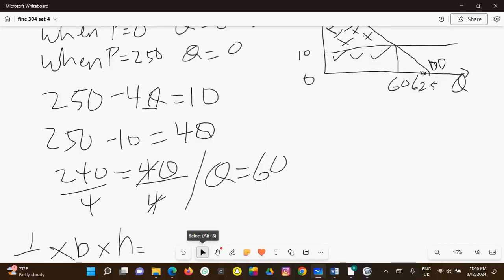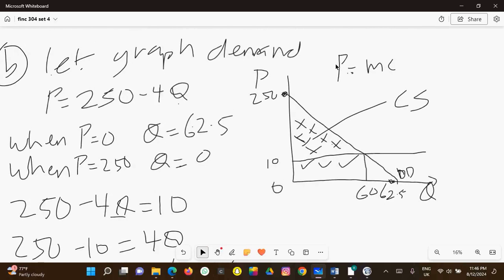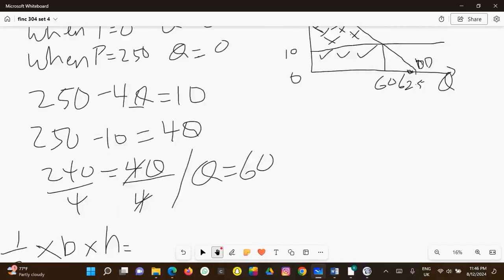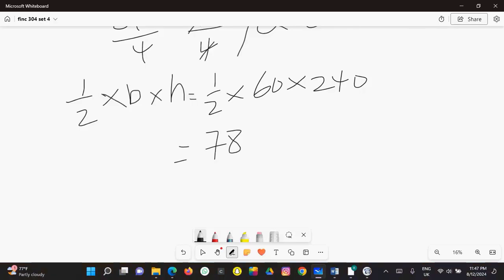The base here is 60, from here to here, and the height is from 10 up to 250, so the difference is 240. So what we are going to get is 1/2 times 60 times 240, and we are going to get 7,200.